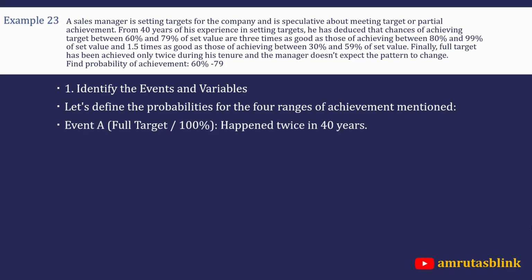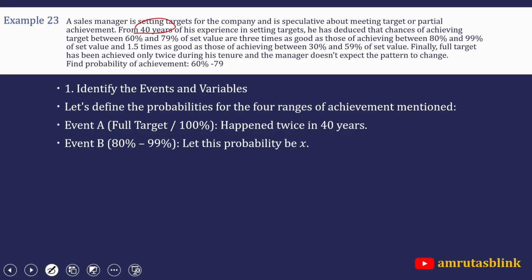Now consider the last statement, finally full target has been achieved only twice during his tenure, and it's also given what his total tenure is. His tenure is 40 years. So let's say we have an event A, that is full target, 100% target is achieved. So this has happened twice in 40 years.